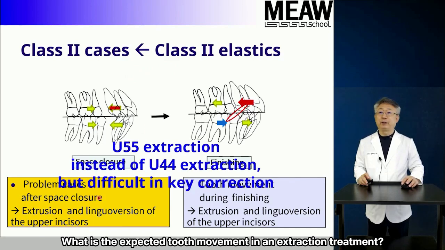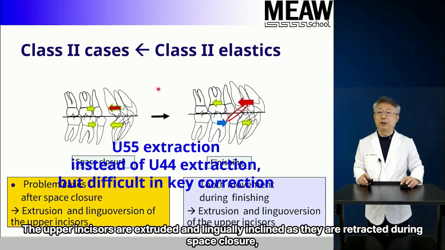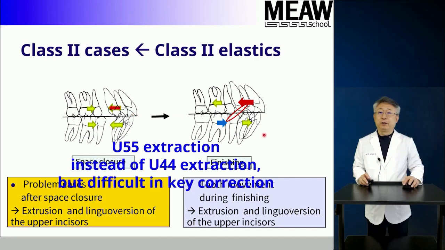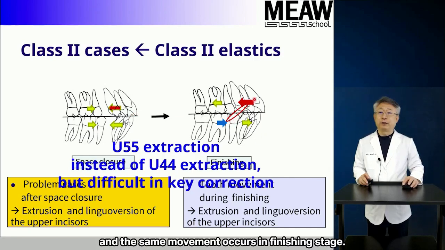What is the expected tooth movement in an extraction treatment? The upper incisors are extruded and lingually inclined as they are retracted during space closure. And the same movement occurs in finishing stage.